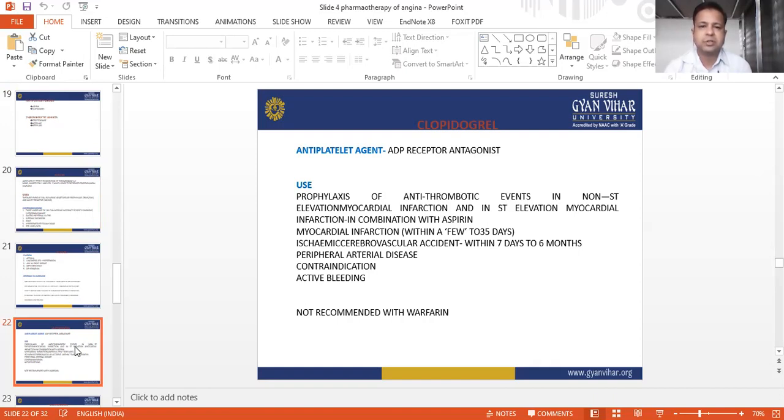Myocardial infarction within a few days to 35 days, ischemic cerebrovascular accident within 7 days to 6 months, peripheral arterial disease. Contraindication: active bleeding. It is not recommended with warfarin.